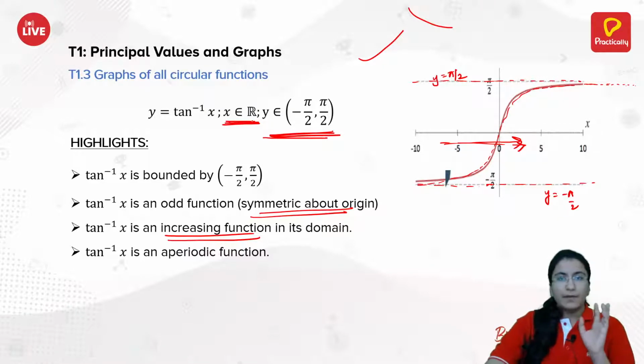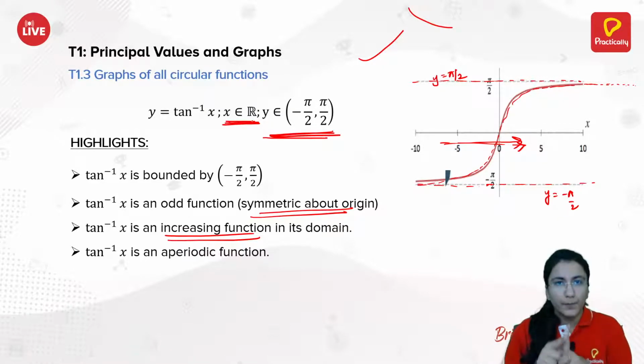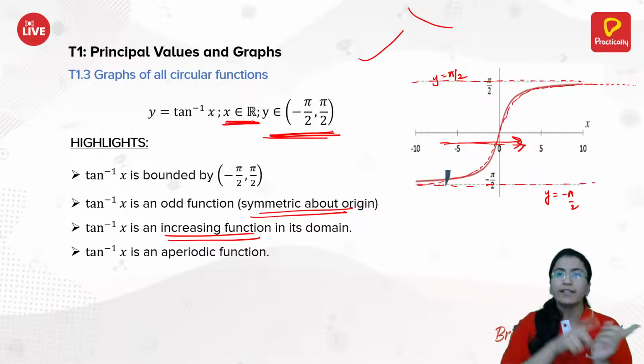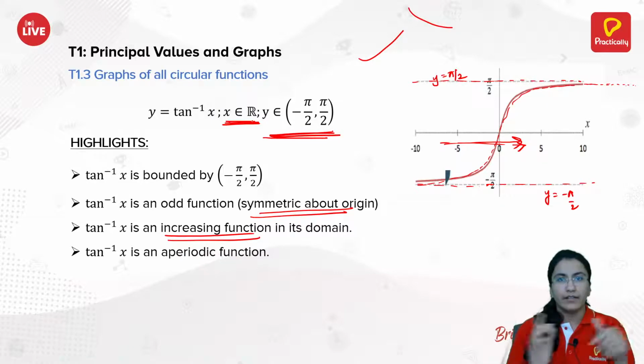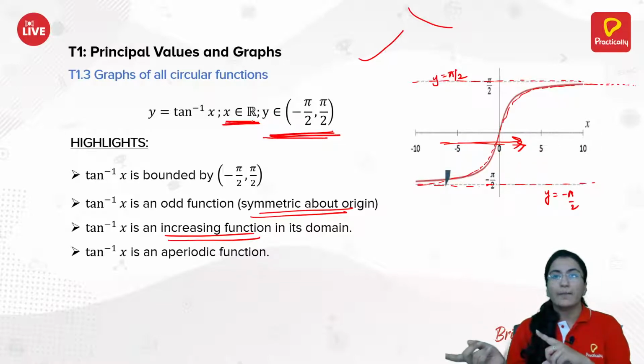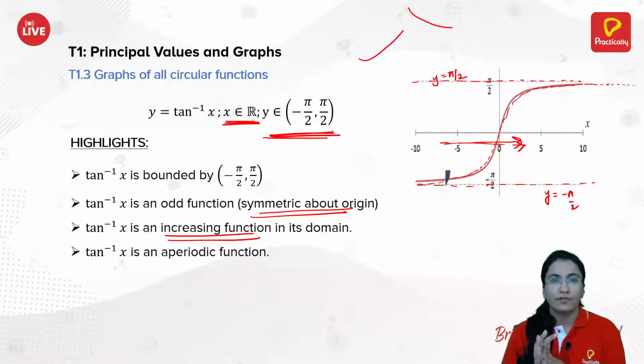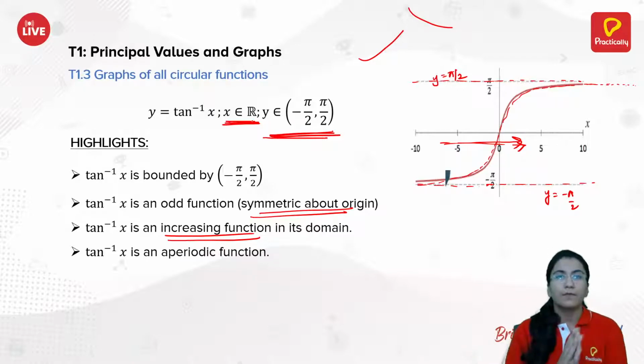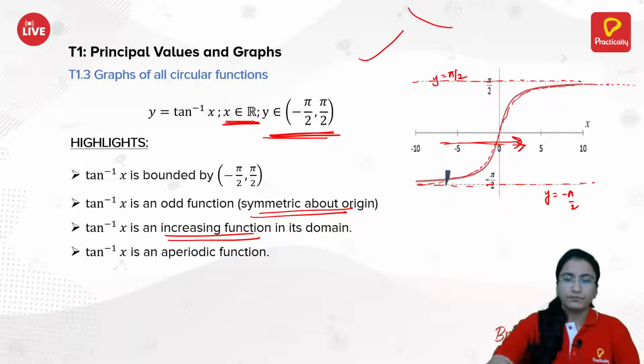You need to remember this thing. If you have a periodic function, then it implies that the domain will be the complete real number set. But if the domain is the complete real number line, it does not imply backwards that the function is periodic, right? It is just a one-way result, right?